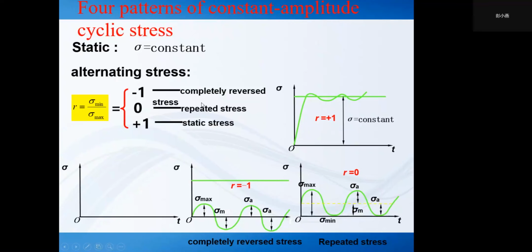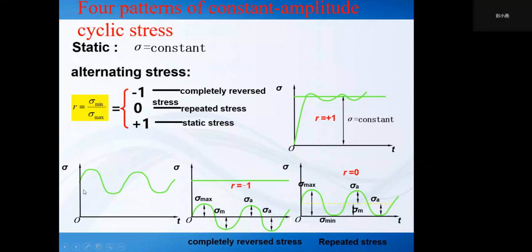So there are 3 special cases for stress. When the stress ratio R is -1, we call it completely reversed stress. When R is 0, it's repeated stress. If R is 1, it's static stress. And this is a fluctuating stress.